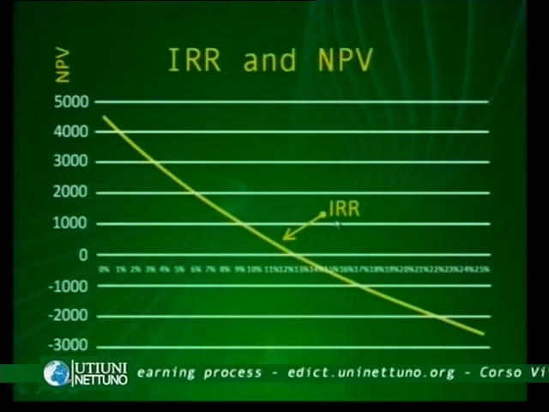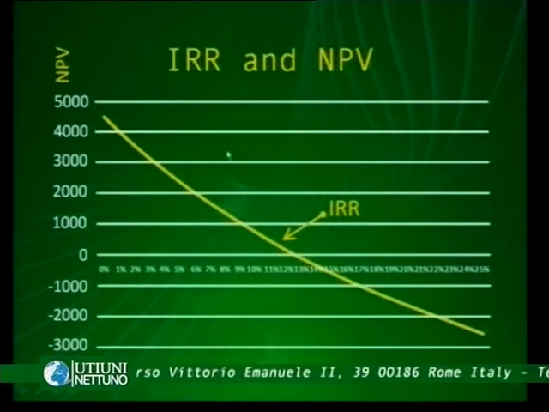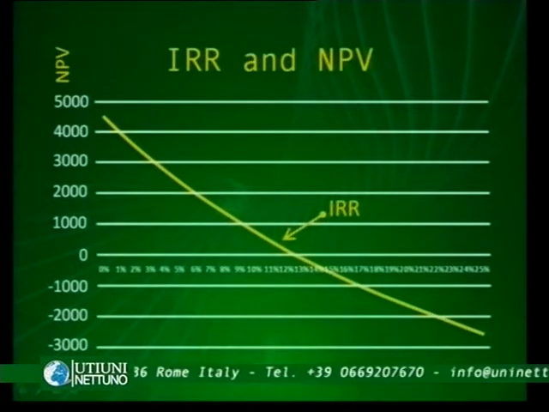On the contrary, when the IRR is lower than the discount rate, or alternatively, the discount rate is higher than the IRR, the NPV will be negative and therefore the project will not be convenient. So we have a new rule to say whether the project is convenient or not, based on the IRR. The rule is that if the IRR is higher than the discount rate, the project is convenient. If the IRR is lower than the discount rate, the project is not convenient.